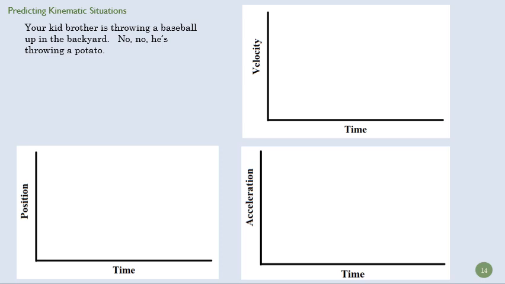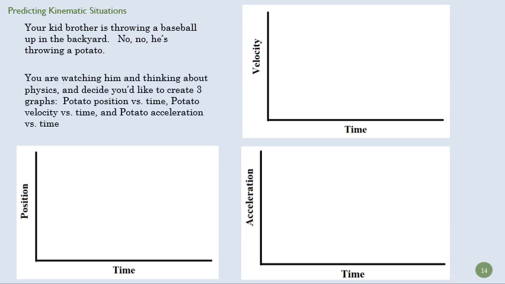And we want to know what the plot looks like of that potato over time. So he throws it in the air. The position is at 0 initially, right? So we start there. After some bit of time, it's going to reach its peak, right?